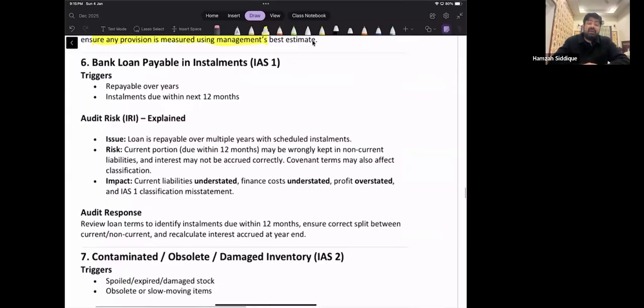Now, yes, it happens. The company has obtained a loan, and the loan is to be repaid in installments within the next, for example, 5 years. So how to deal with it?